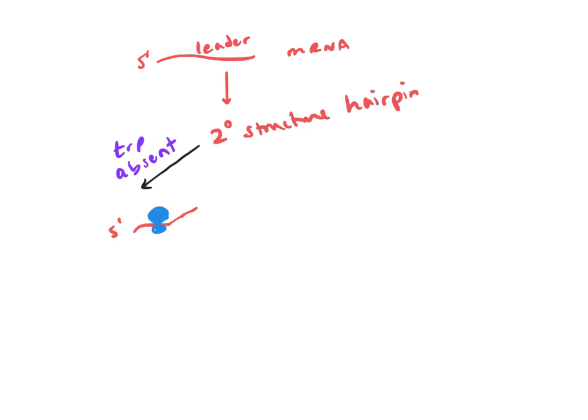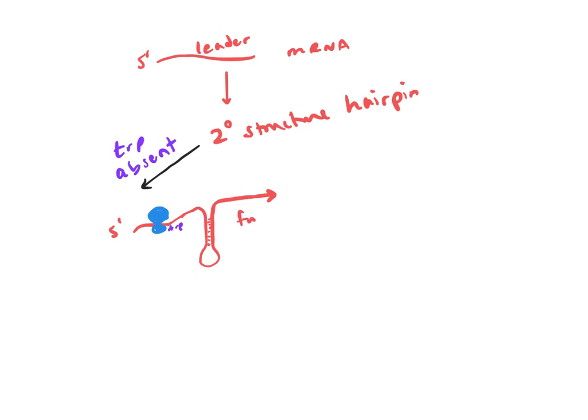When it gets to the tryptophan codons, if tryptophan is absent, it's going to stall. That's going to lead to the formation of the 2-3 hairpin. So there's going to be this hairpin formed, and that allows for full-length transcript to be made.